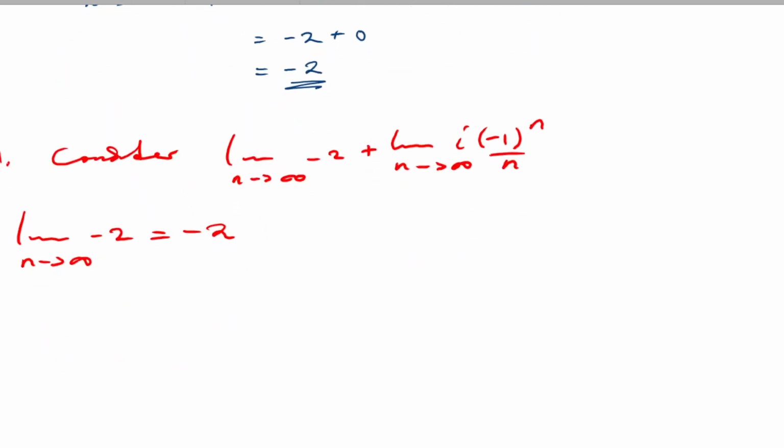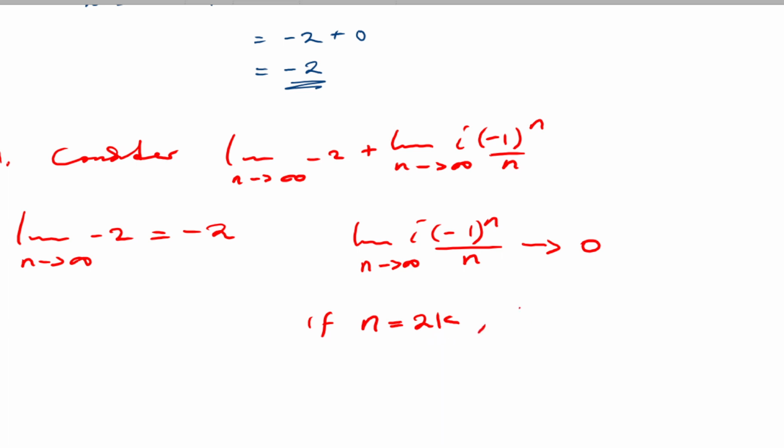Then secondly, the limit as n approaches infinity of i(-1)^n over n squared approaches 0 if n is an even number, a positive even number, so n = 2k, where k is greater than 1 and k is an integer.